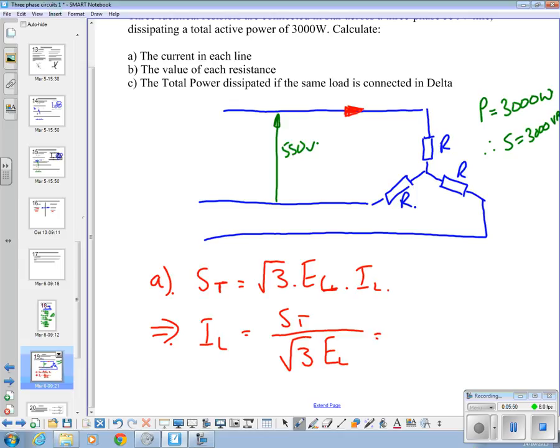That is 3000 over root 3 times 550, which equals 3.15 amps.